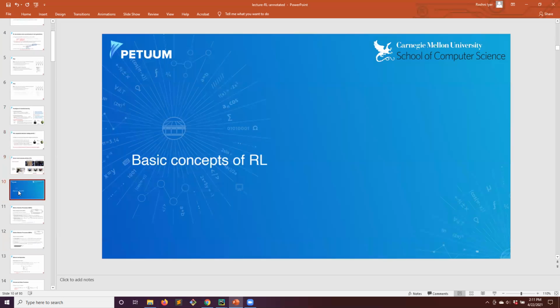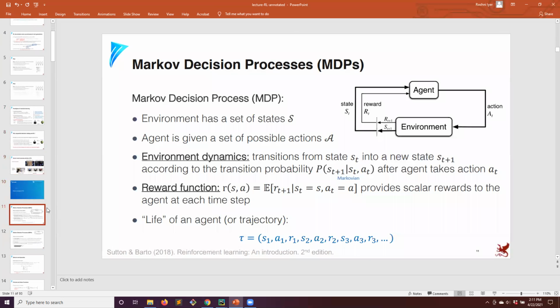Okay, so just after the motivation, now we're going to talk about some of the basic concepts in RL. This environment follows a Markov decision process, where we have a set of states S, and the agent is given a set of different possible actions A. It senses the states and the rewards from the environment.